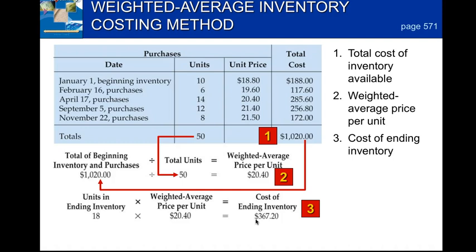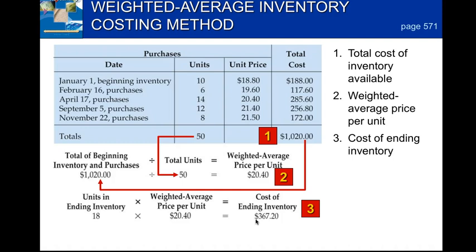So a business usually determines the order in which products are sold based on the type of inventory. So a grocery store, for example, must sell its earliest purchases first because it's going to expire. You know, your food expires. So the stuff you purchase first is going to be the first to go out. A hardware store, however, could sell its most recent purchases first.